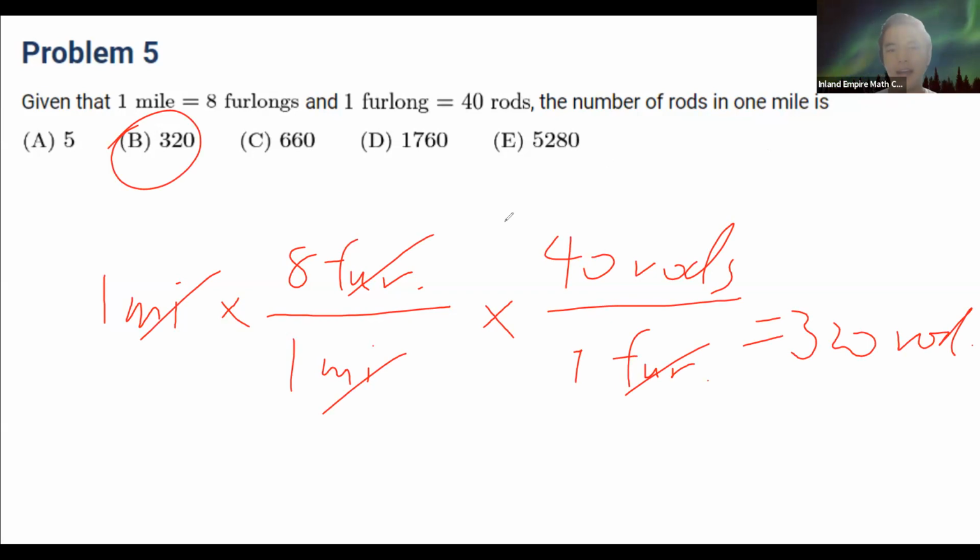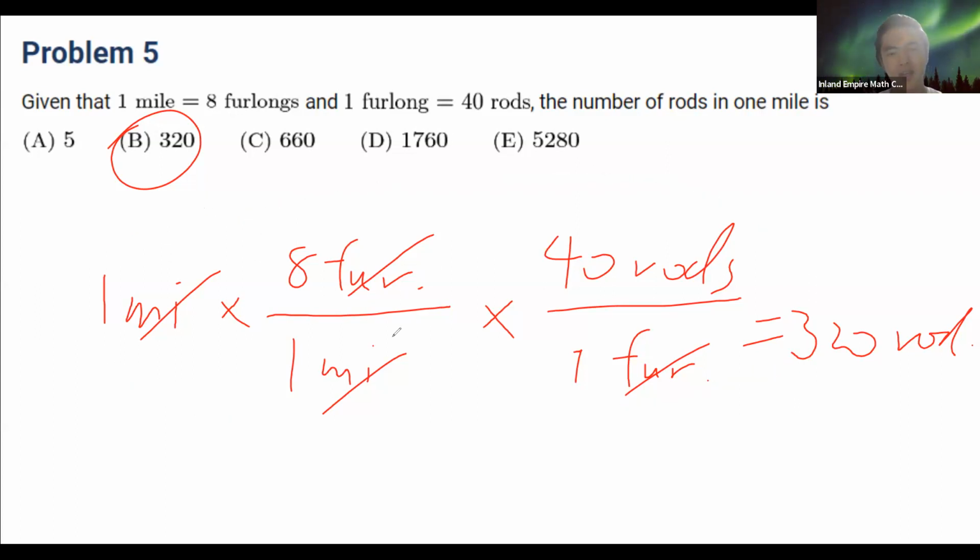So you might think, oh my God, this question is so easy. It's obviously 320. But the reason I'm doing all of this dimension analysis is because this is a very useful tool in a wide variety of sciences. For example, when you take chemistry and you convert between molarities of different molecules, this is the tool you're going to need.